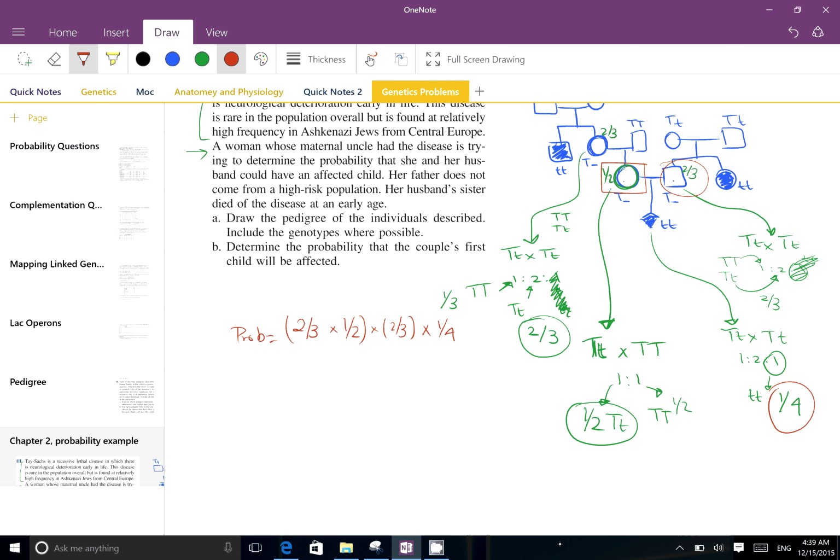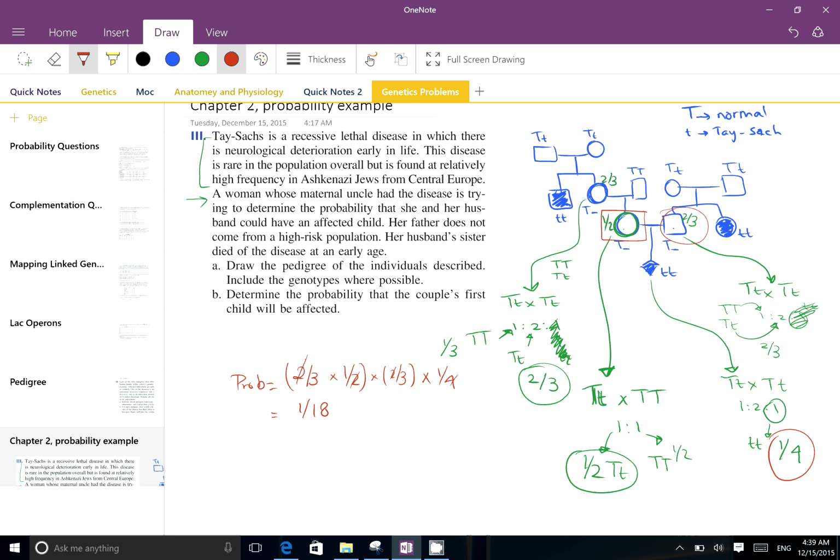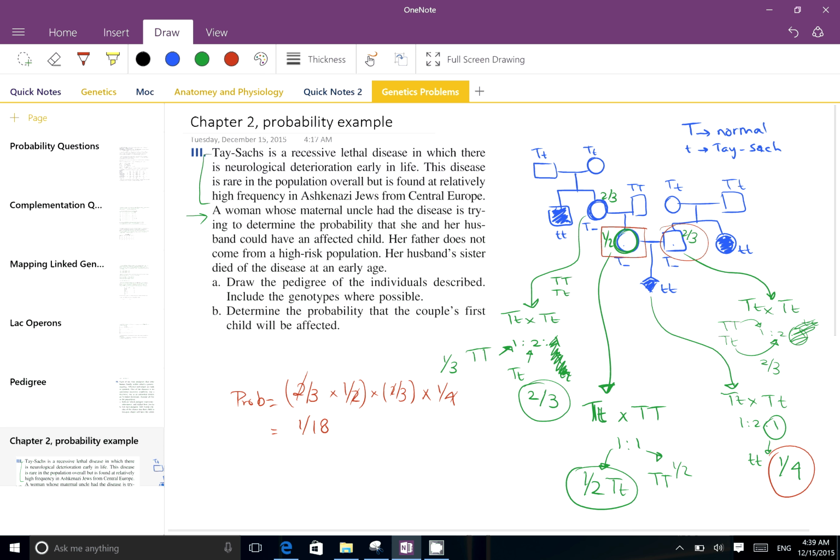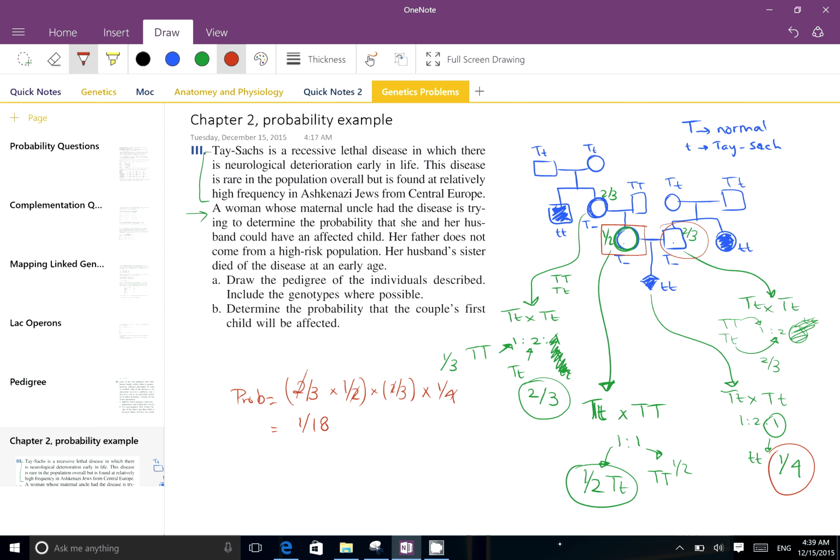The final answer would be 1/18. So that's our answer for the probability of the child having the disease. We just solved the question: we drew the pedigree and we determined the probability of the child having the disease.